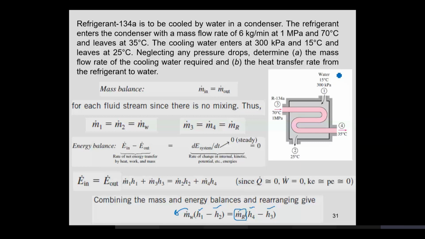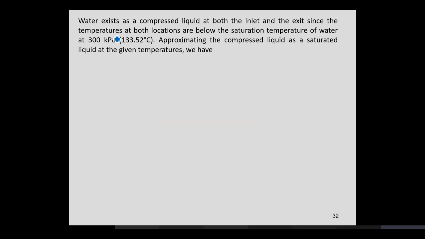For water, you would use steam tables, and for the refrigerant R134a, you would use R134a tables. Now, let's first consider water, the enthalpies of water h1 and h2. At 300 kilopascal, the pressure for both conditions, the saturation temperature is 133.52. Both temperatures for water, 15 degrees centigrade at the inlet and 25 degrees centigrade at the outlet, are less than the saturation temperature.